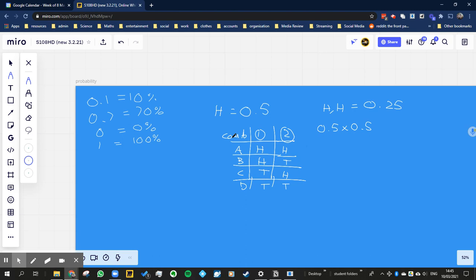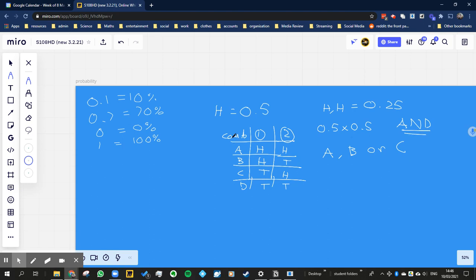We look at all the different combinations, and it's going to be A, B, or C. So in the first case, we're using and: the probability of me getting a head and a head.